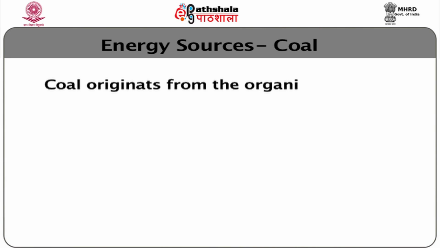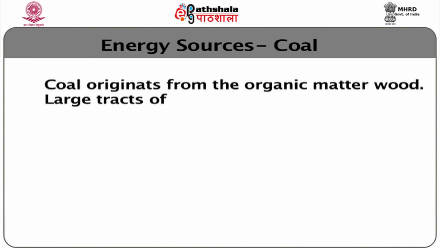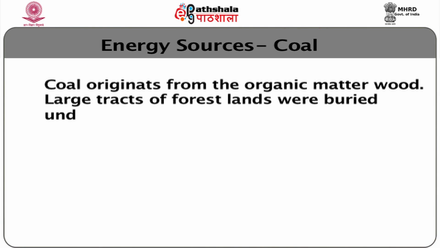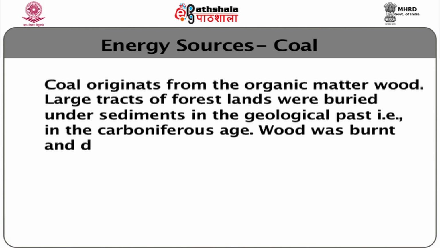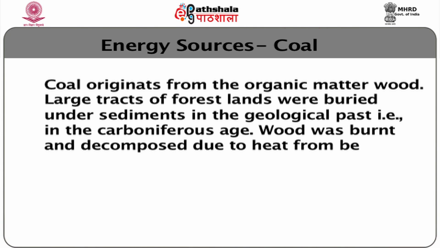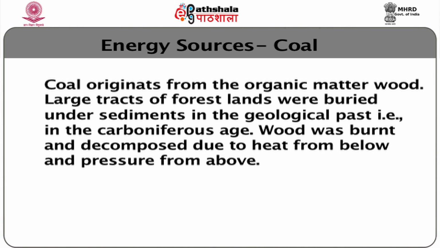Coal originates from organic matter, wood. Large tracts of forest lands were buried under sediments in the geological past, maybe in the Carboniferous age. So, the wood was burnt and decomposed due to heat from below and pressure from above.